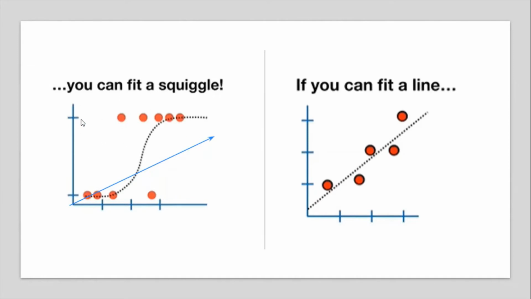But a category can have many levels. If it is more than two, we can say this is a multinomial model. It has many categories.